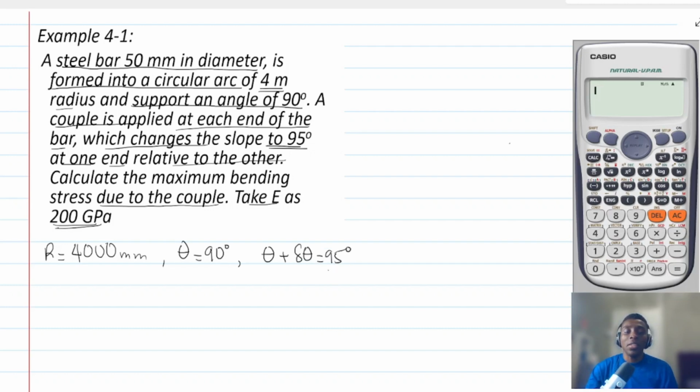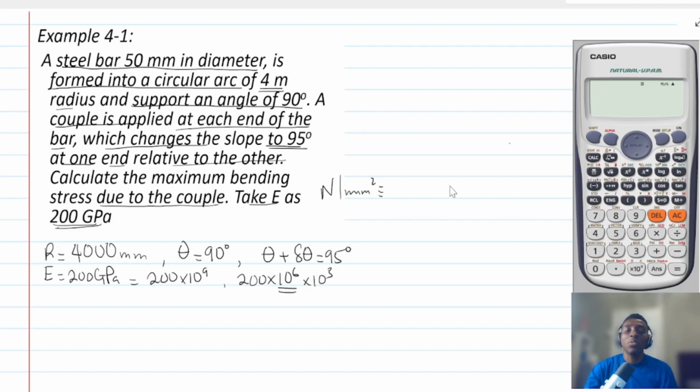And then E is 200 gigapascal. So our Young's modulus, which is 200 gigapascal, is the same as 200 times 10 to the power 9, which in other words is also 200 times 10 to the power 6 times 10 to the power 3. This 10 to the power 6 here is megapascal, which is also the same as Newton per millimeter squared.